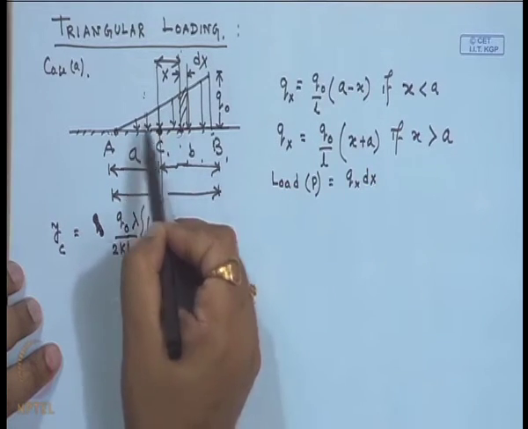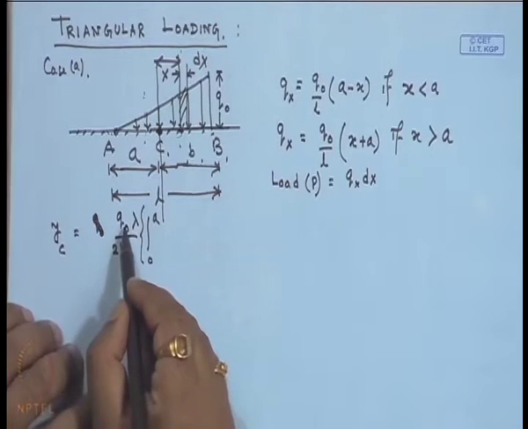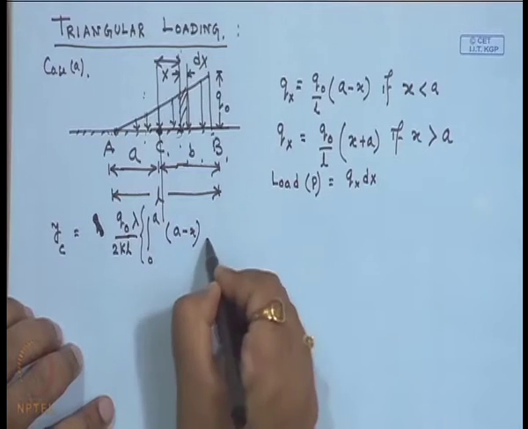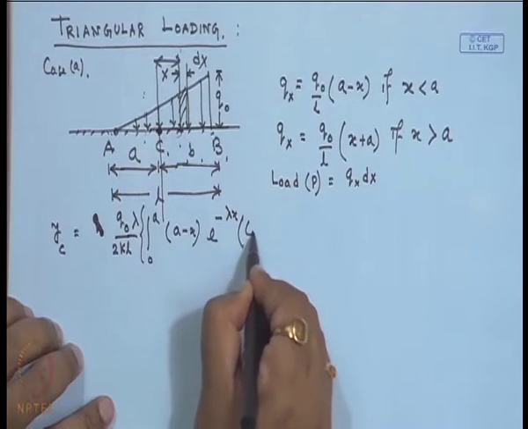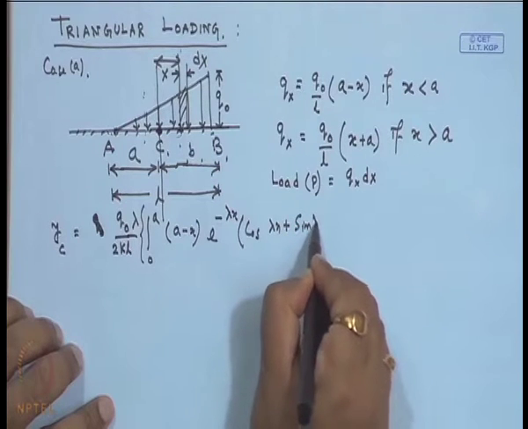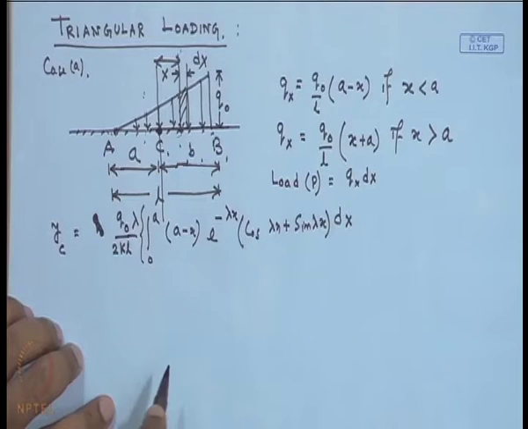So, 0 to A, so L q 0, then the next part A minus x, then as usual e to the power lambda x into cos lambda x plus sin lambda x into dx.